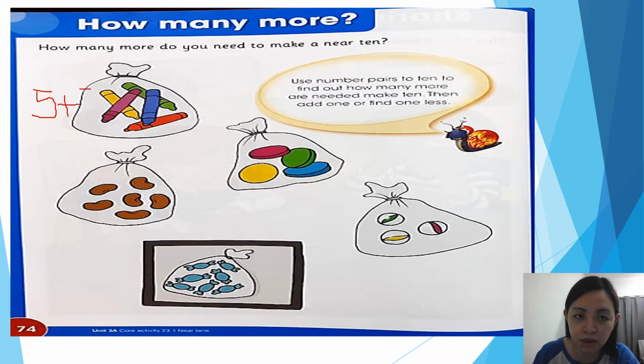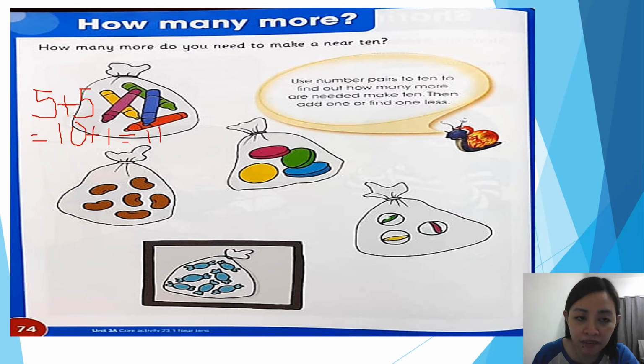Okay, 5. So 5 and 5 is equal to 10. Now, if I add one more to 10, it will be, okay, equal to 11.